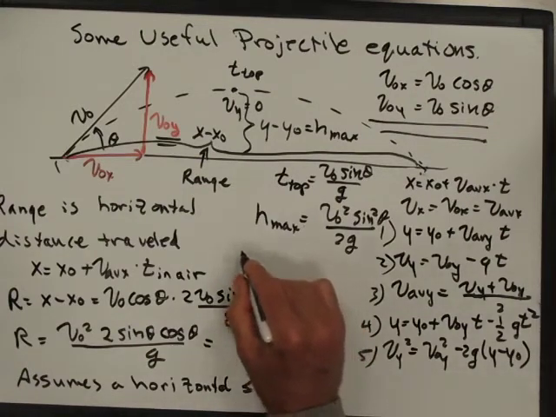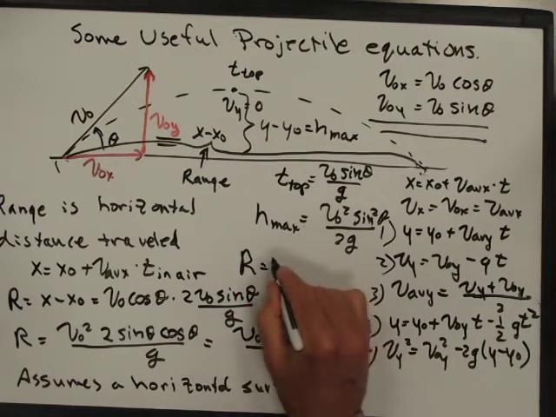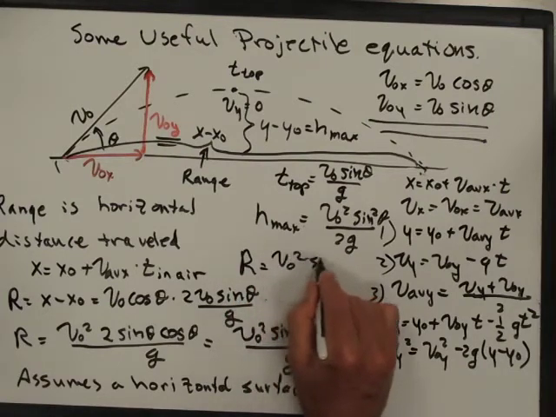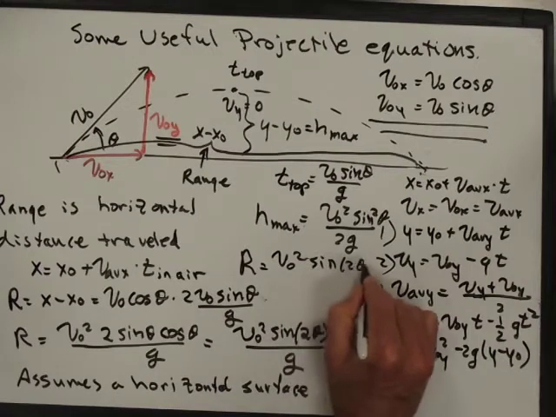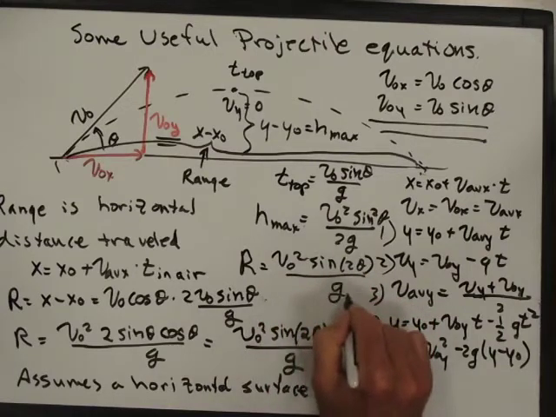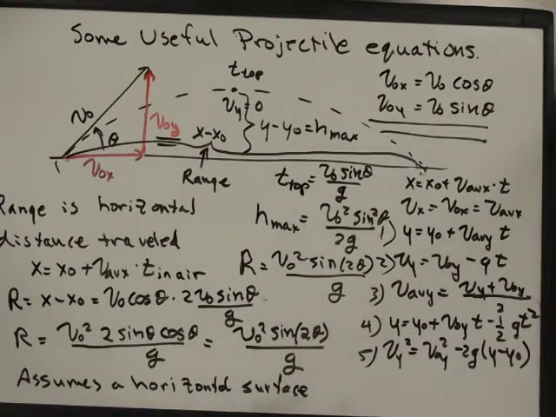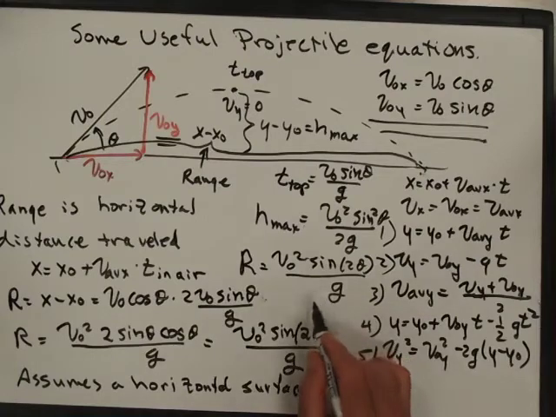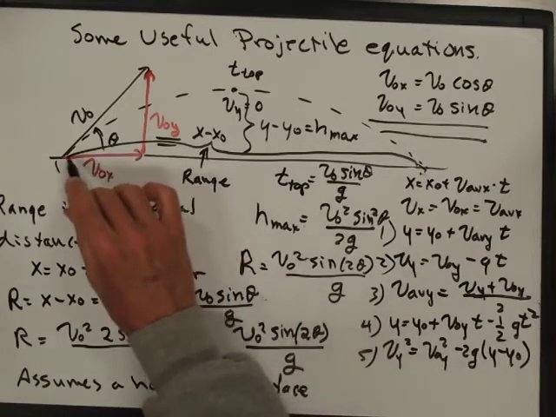And so the range is equal to v naught squared sine of 2 theta over g. And so those are some of the formulas for special cases. And the nice thing about them is that you can just plug them in.